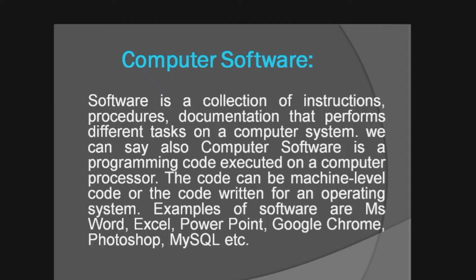Examples of software are MS Word, MS Excel, MS PowerPoint, Google Chrome, Photoshop, MySQL, etc. Basically, computer software is the set of instructions given to the computer to perform a specific task, and these are the non-tangible components that we cannot touch. We can just see them and work on them.